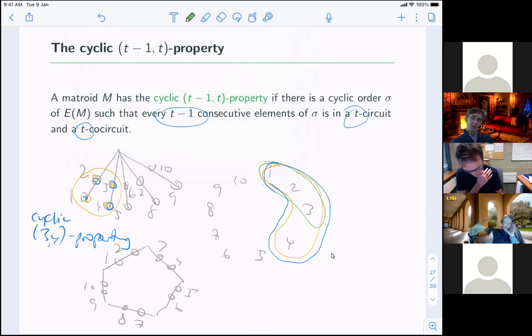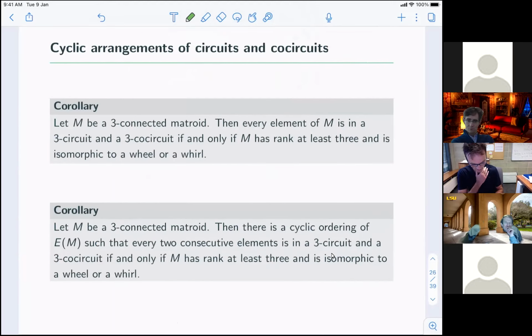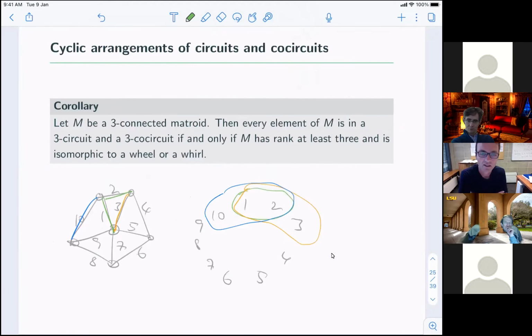One thing to notice here is that in this case the 4 circuit and the 4 co-circuit coincided for the 3 element set. If I go back 2 slides, for the wheels and the whirls, the 3 circuit and the 3 co-circuit weren't the same. One went forwards and one went backwards.